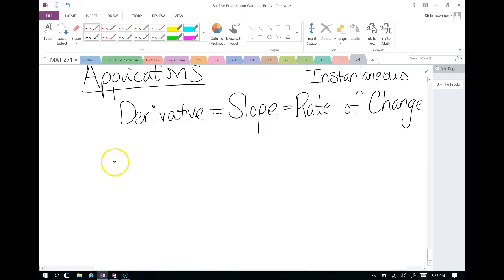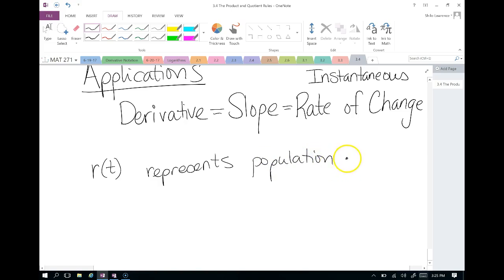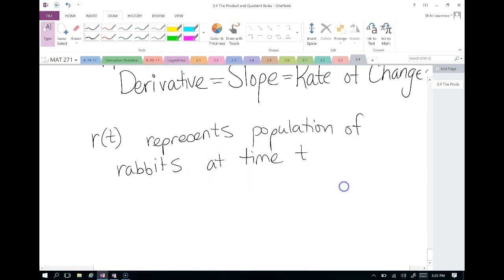So if you're told that R of t represents the population of rabbits, let's say, at time t. R of t represents population of rabbits at time t. So that's what we're looking at.